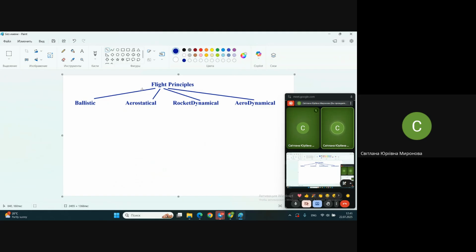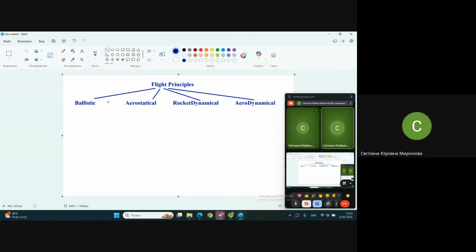Pay attention that some aircraft really work according to one flight principle in a pure way, without mixing with another one. But some types of vehicles actually use a combination of several principles simultaneously.